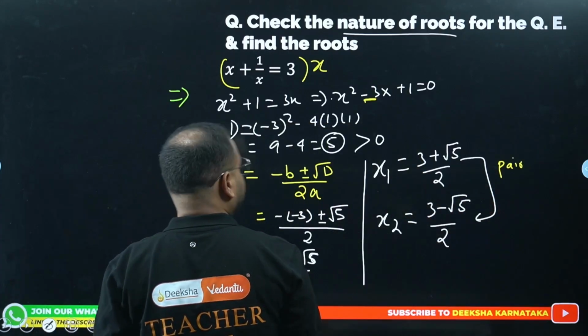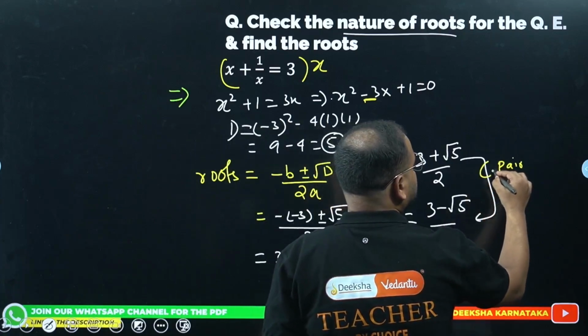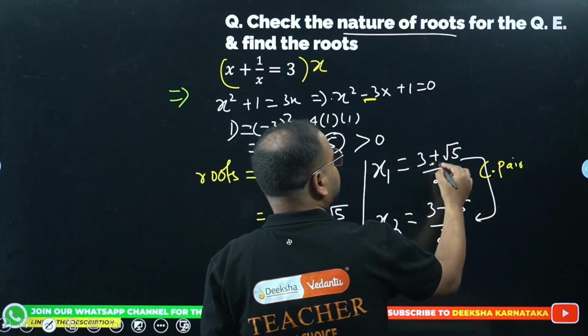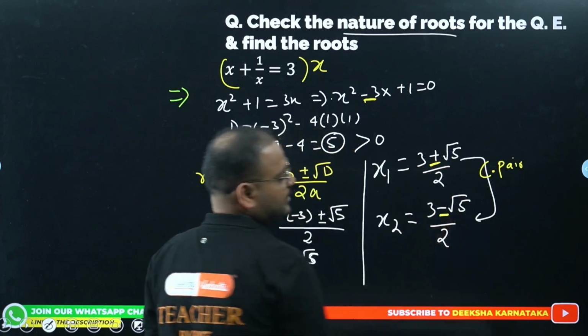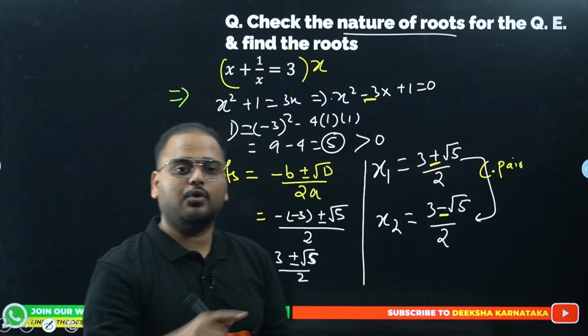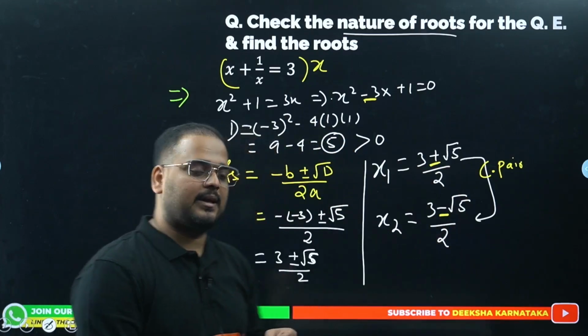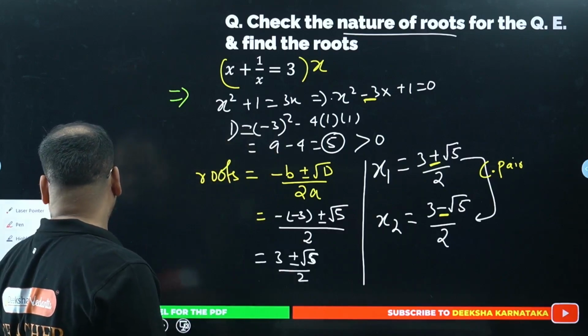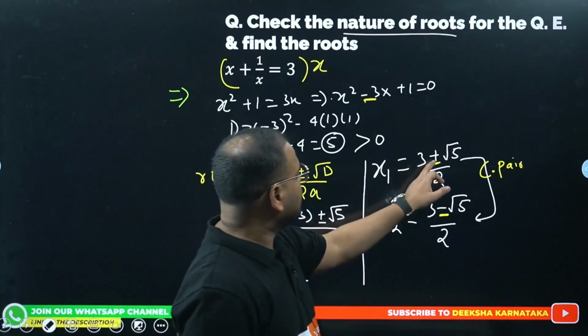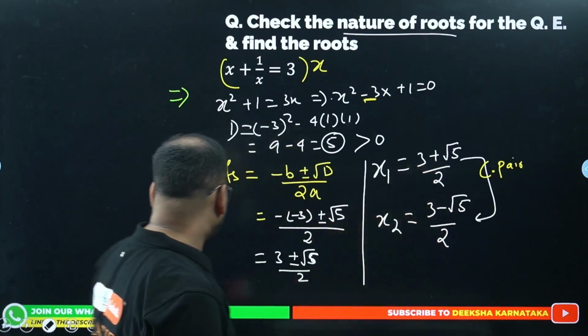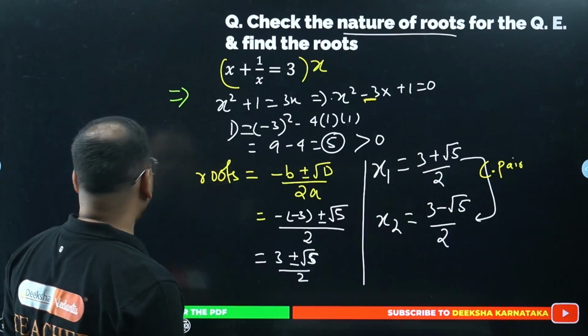What's the meaning of conjugate pair? Conjugate pair means if there's a plus here, there'll be a minus sign here. It is not plus minus, so I'll erase that part. So if it is a plus sign in the first root, there'll be a minus sign in the second root. Okay, I hope you understand this.